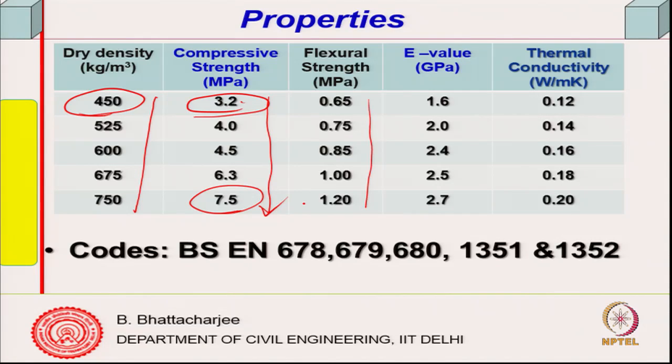It's roughly around 5% of this one, so approximately you get 5 or 7, even 10%. Flexural strength is usually 7-8% of the compressive strength for any such material. Tensile strength will be even lower, direct tensile strength.